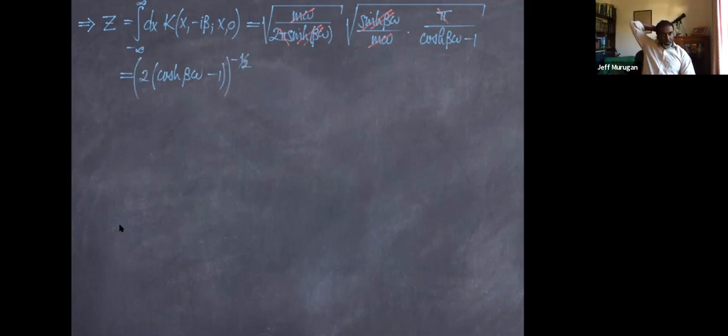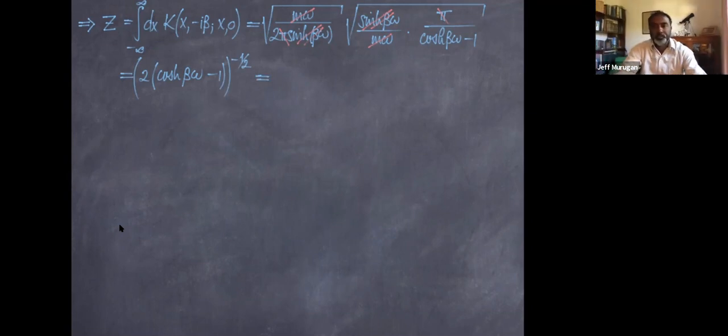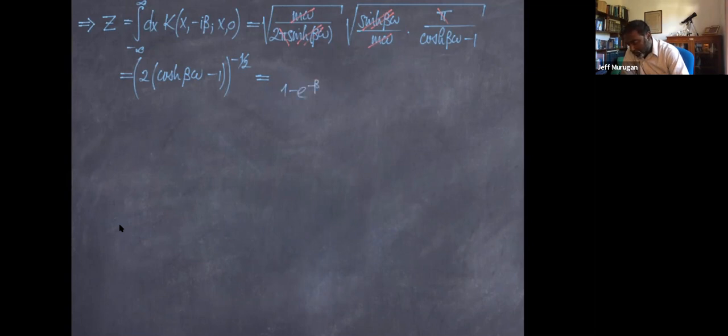And you can put this into a simpler form by expanding out the hyperbolic cosine in its exponentials. And the hyperbolic cosine expanded out then gives us 1 minus e to the minus beta omega in the denominator, and e to the minus beta omega over 2 in the numerator.